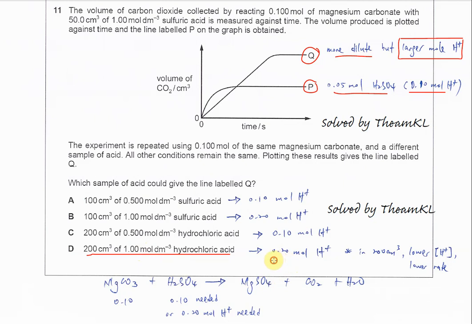Okay, so the mole of H plus is 0.2. And another solution that can be compared is this one. Because B and D, after you calculate the number of H plus, are the same, 0.2, 0.2.